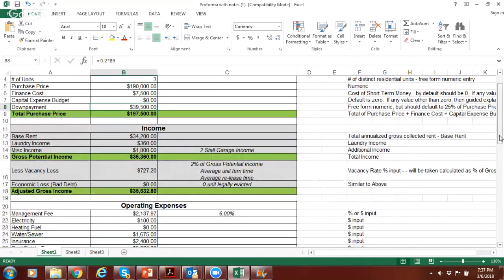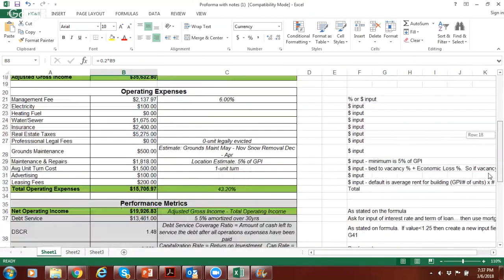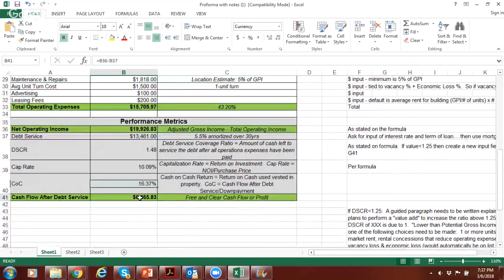Basically, how much cash am I getting as a return on that down payment? In this case, it would be the 6,000 divided by the down payment, and that'll give me my rate of return on my cash. And then finally, that is your cash flow. That is essentially your free and clear cash flow that goes into your pocket.